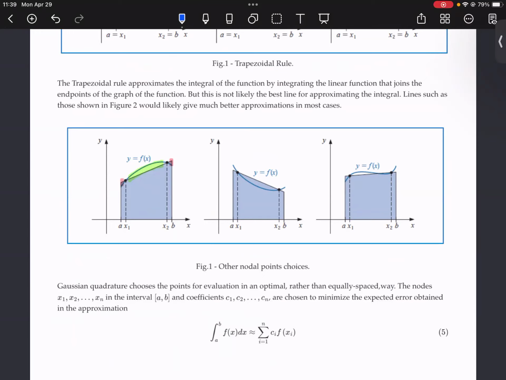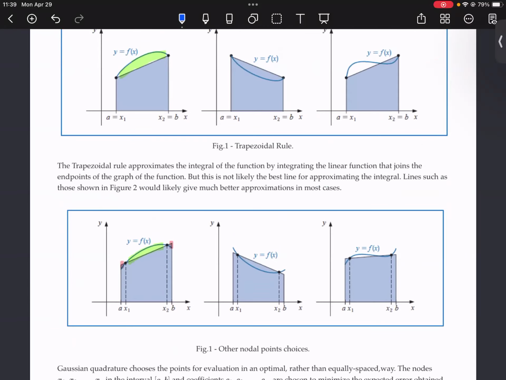If you compare, you will see the error area actually becomes smaller, although we have some small errors here as well. So now our question is how to choose these nodal points to get a smaller area. And that's the Gaussian quadrature rule.